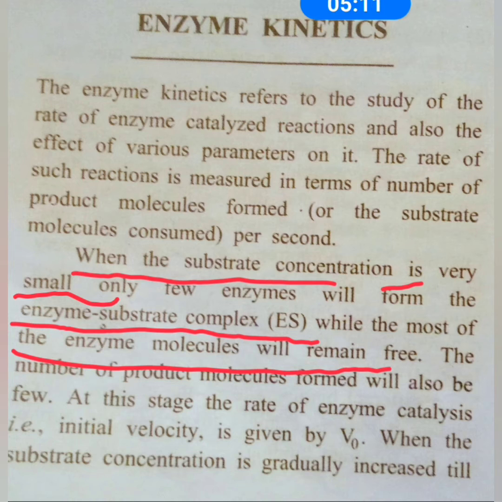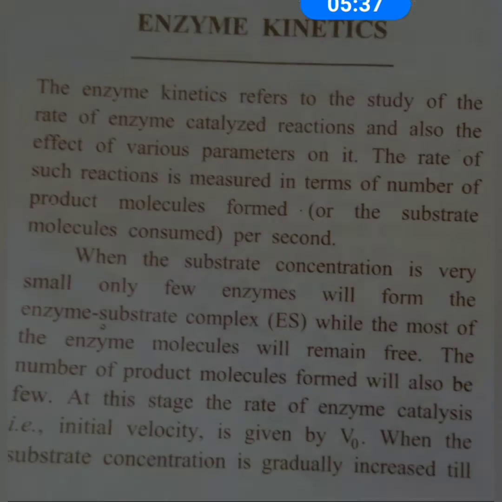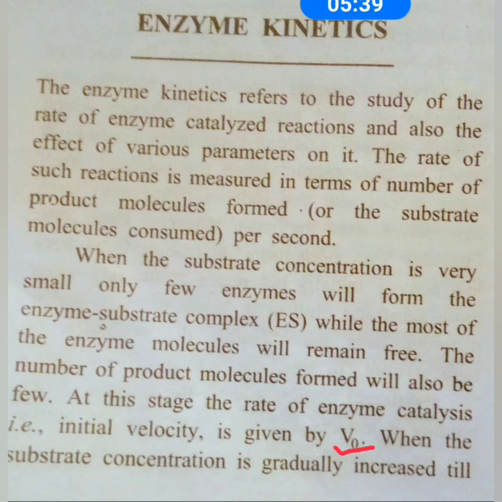So at this stage only a few products are formed. At this stage, where only a few enzymes are bound with a few substrates to give rise to a few molecules of product, the rate of enzyme catalysis, or we call it the initial velocity, the speed of the reaction, is given by V naught. The rate or the speed of a reaction is given by V naught.